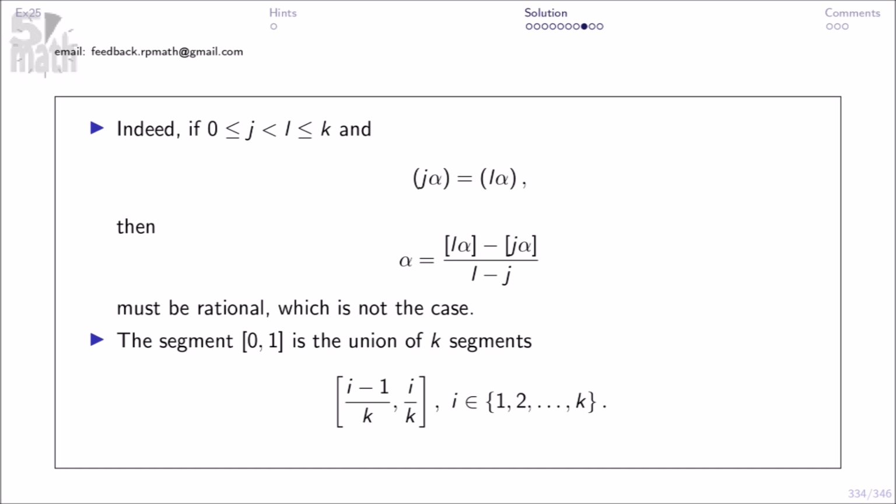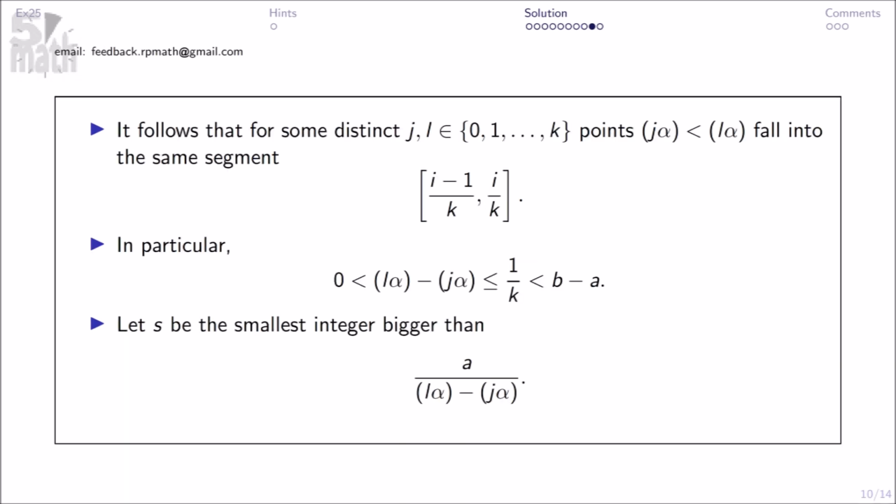The segment [0, 1] inclusive is the union of k segments here. It follows that for some distinct j, l in 0, 1 and so on to k, points fractional part of j alpha less than fractional part of l alpha fall into the same segment here. In particular, this. Let S be the smallest integer bigger than this.